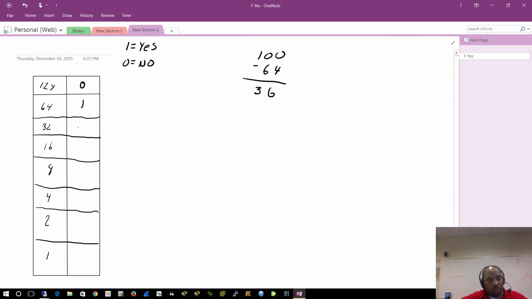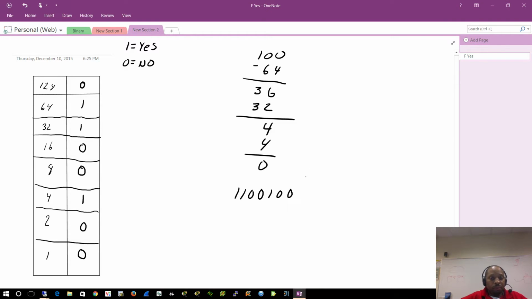Can 32 go into 36? Yes. 32. Decrement it from the stack. We get 4. Can 16 go into 4? No. How about 8? No. Can 4 go into 4? Yes. Subtract 4. Get 0. Now, since we have nothing left, we finish it out. So in order to write 100 in binary, it's going to be 1, 1, 0, 0, 1, 0, 0.